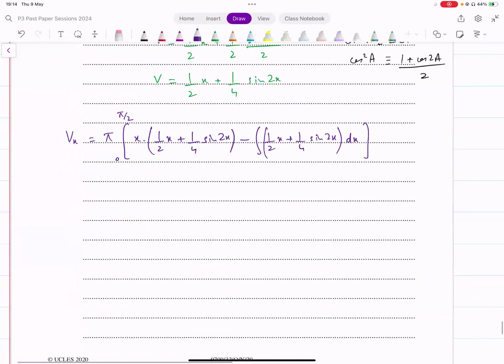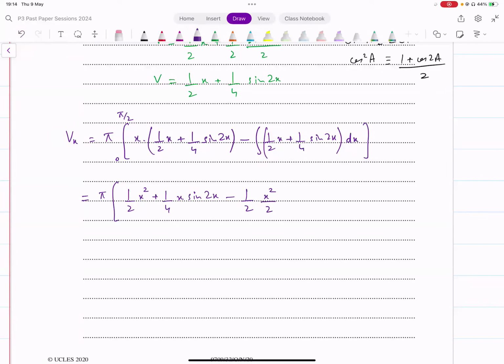Now let's simplify this further. This gives us pi into 1 over 2x squared plus 1 over 4x into sine of 2x minus integration of half x squared over 2, right?